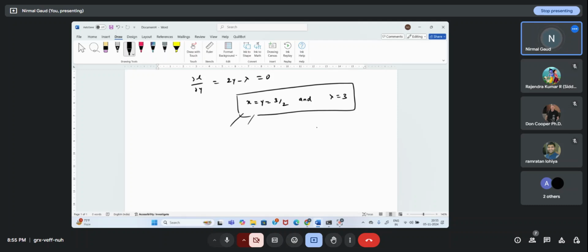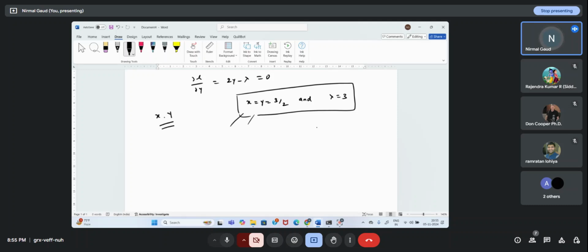You have the variables x and y. We have to take constraints, and accordingly the Lagrange multiplier theorem is used to perform the optimization.